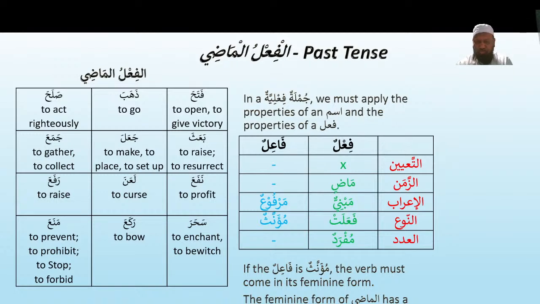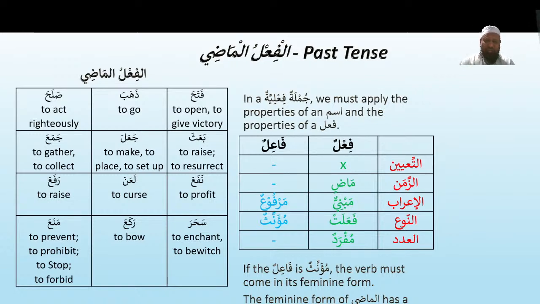Yesterday we did mudhakkar on the scale of fa'ala. Today we'll be doing the muannas on the scale of fa'alat. Al-adad: fa'il is always mufrad, and the fa'il can be any gender. So this is the main thing we're learning today.